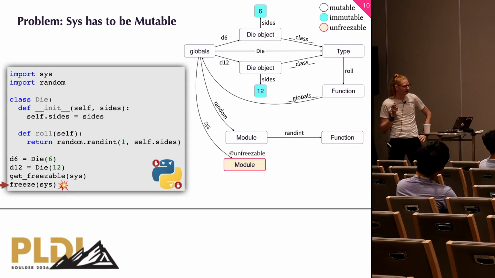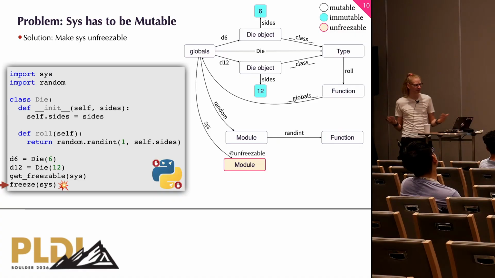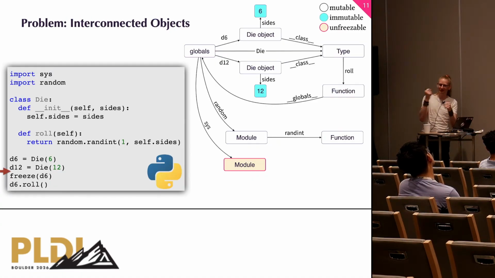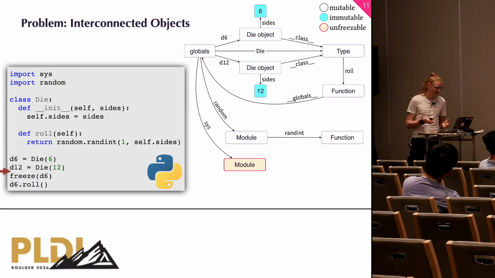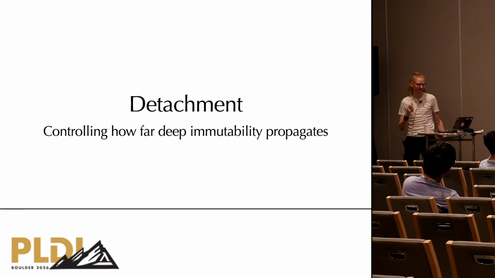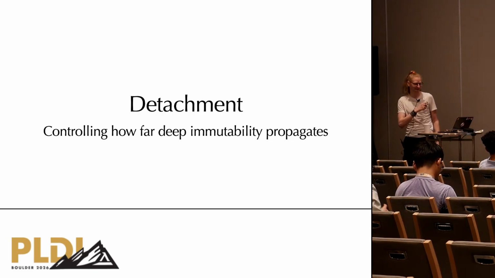All right. So the solution for the problem that the sys module has to be mutable is to make it unfreezable. Great. But this again brings us back to our core problem, that every object is interconnected in Python. And this is where detachment comes into play. This is a way to control how far deep immutability propagates.